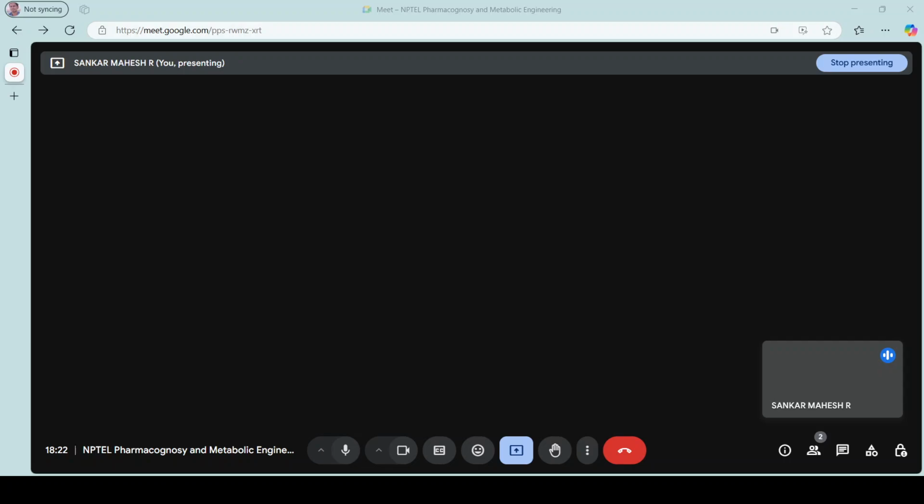The next question is: identify the false statement regarding shikonin biosynthesis. An aromatic ring is biosynthesized from the shikimate pathway. A prenyl side chain is attached to the aromatic ring.